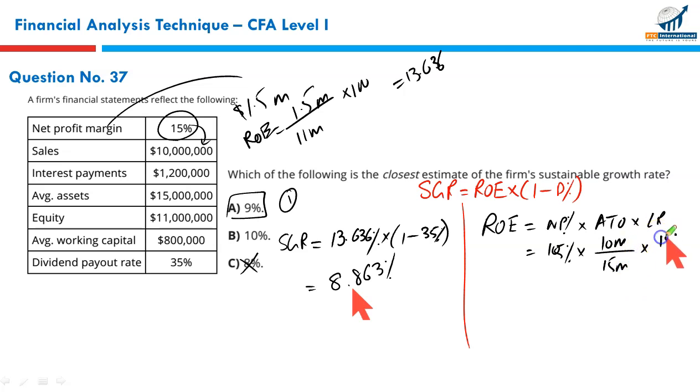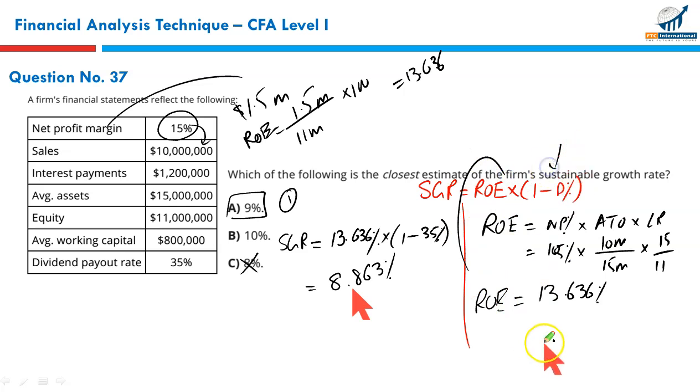Leverage is the total assets divided by equity. Equity is 11. So if you simplify all of these using the DuPont model, you should know this model as well: 10 by 15 times 15 upon 11 times 15%. It's exactly the same 13.636% return on equity. And now you can simply plug it in. Return on equity, payout ratio, you get the same result.